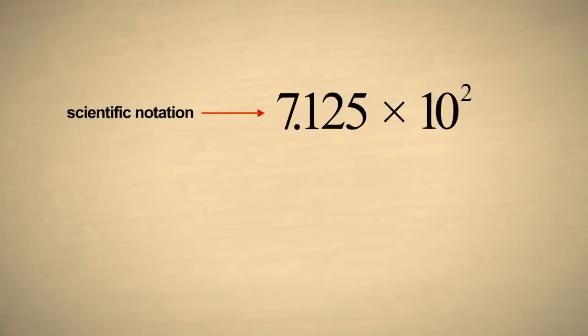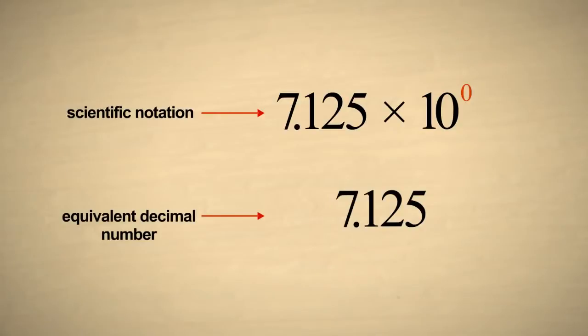To convert a number written in scientific notation to a standard decimal number, we simply multiply the first part times the second part. This moves the decimal point to the proper position in the number. If the exponent of the multiplier is 0, the decimal point does not move, since multiplying by 10 to the 0 power is the same as multiplying by 1. If the exponent of the multiplier is positive, the decimal point is moved that many columns to the right.